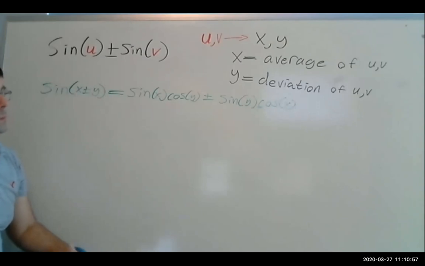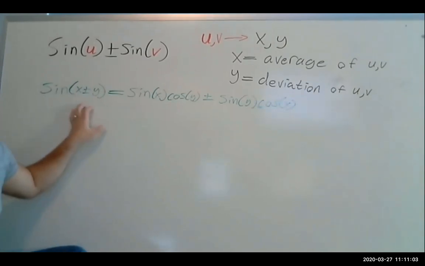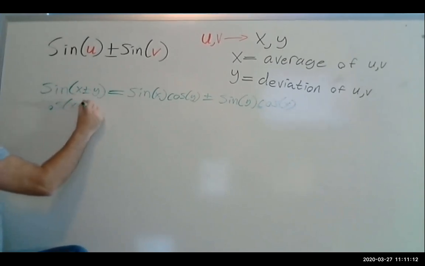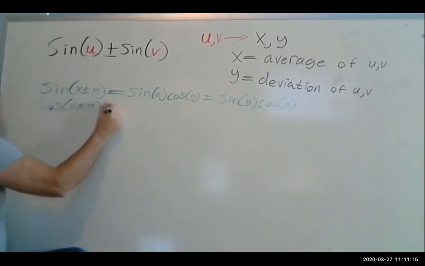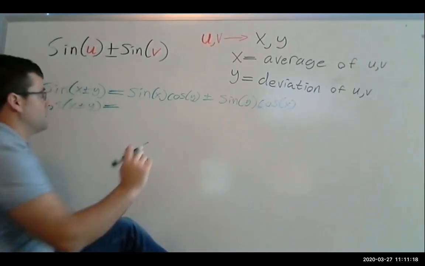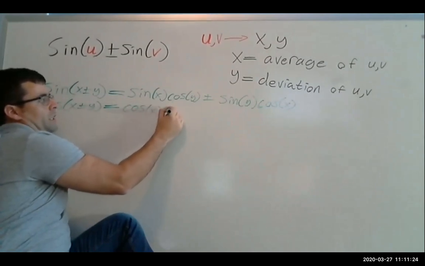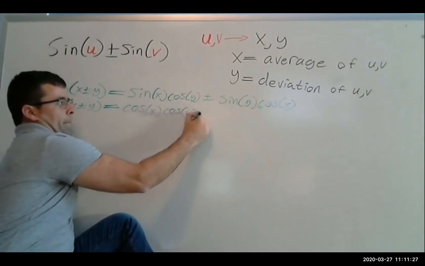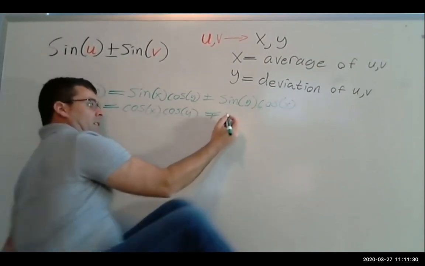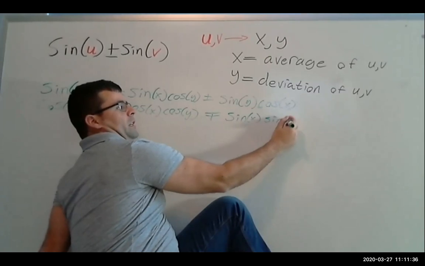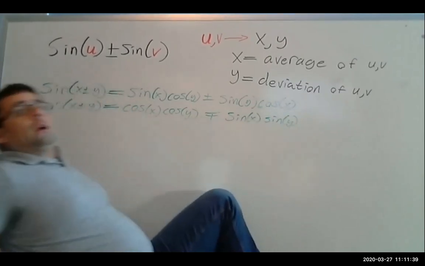So most of the identities that we've talked about come from using either this one or the other one, which is cosine of x plus or minus y equals cosine x cosine y minus plus sine x sine y.